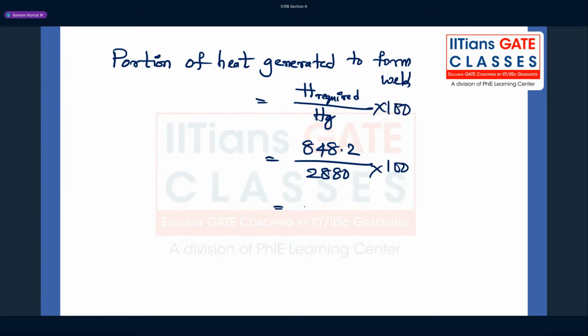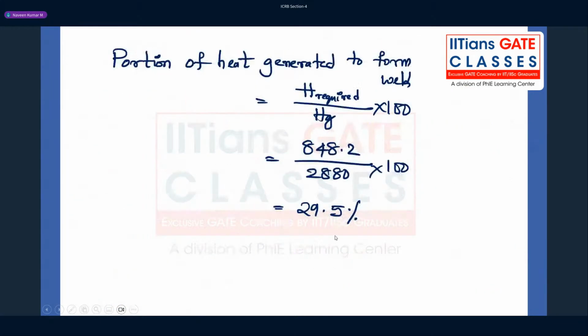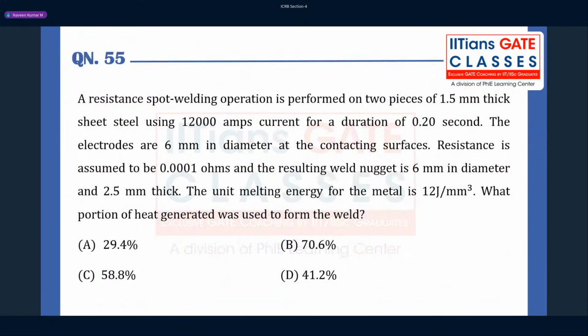So it will be around 29.5, something like this. Okay, 28.4 will come. This is the answer. This is also lengthy. I'm telling you again, if there is no calculator provided, don't do it at first. Do it at the end of the paper.